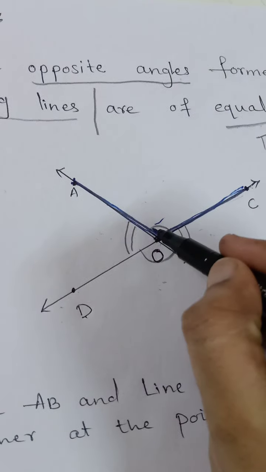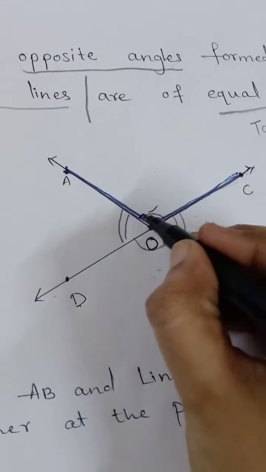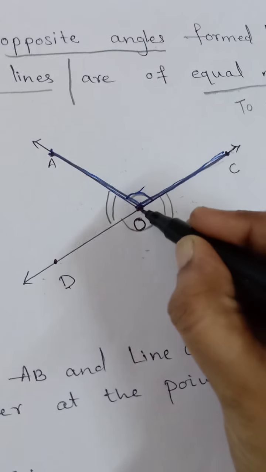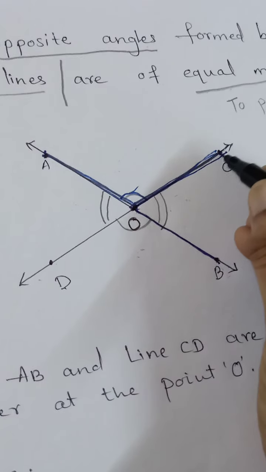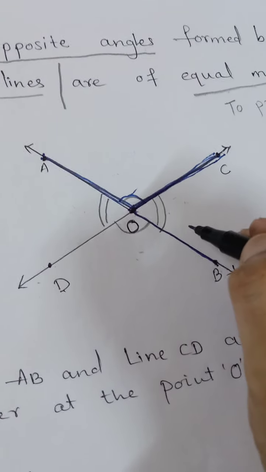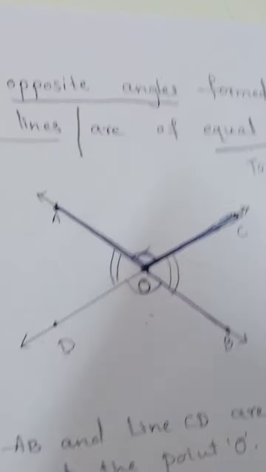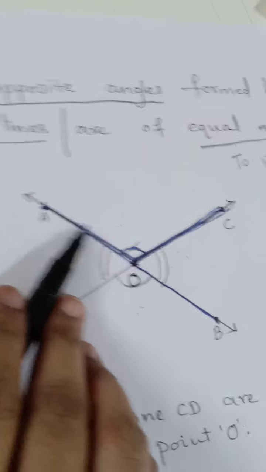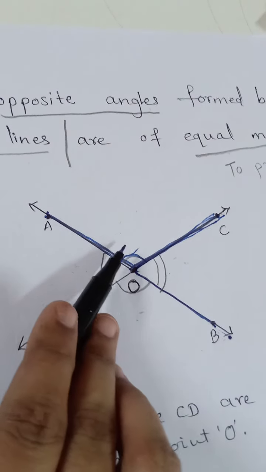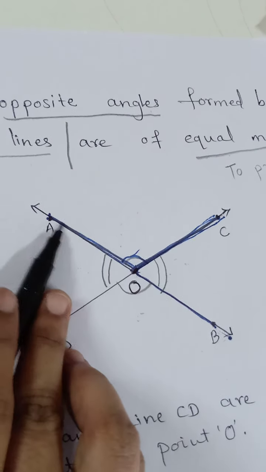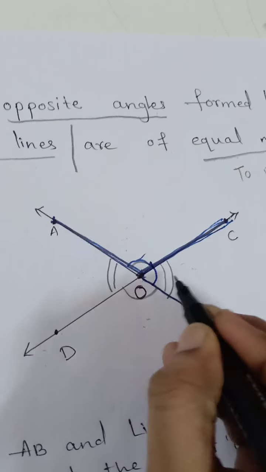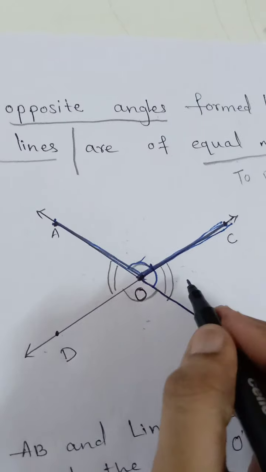Now this angle AOC and angle BOC, these two angles are nothing but adjacent angles, neighboring angles, and if you observe carefully, these two angles are on the line AB. I have explained earlier that when two angles are on the same line, they are making a straight line. That means these two angles are a linear pair.